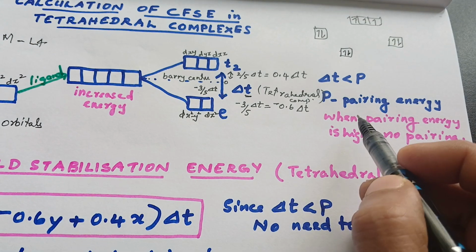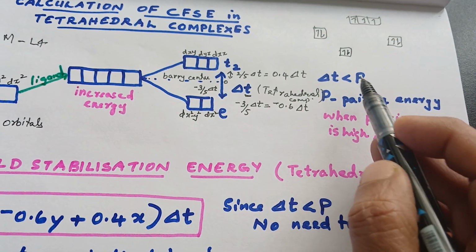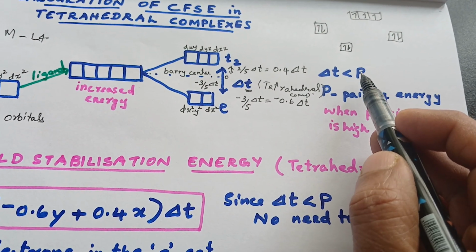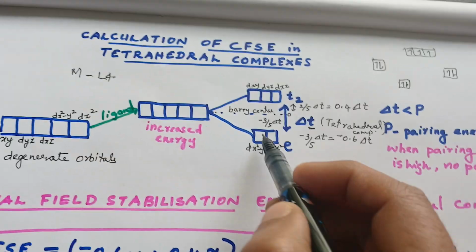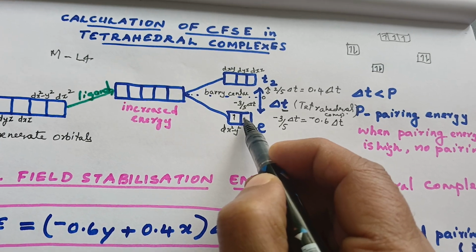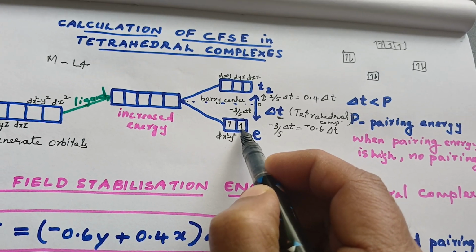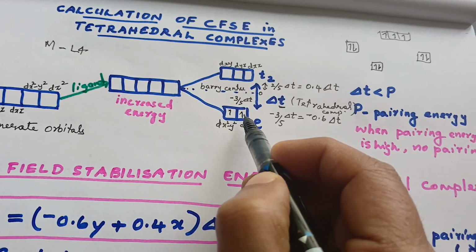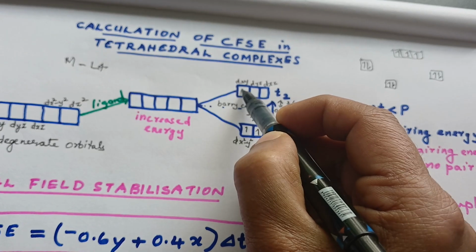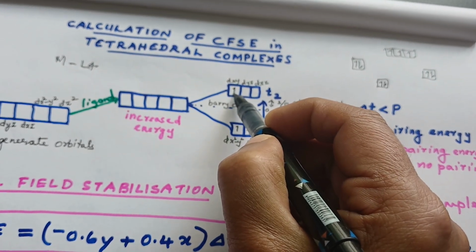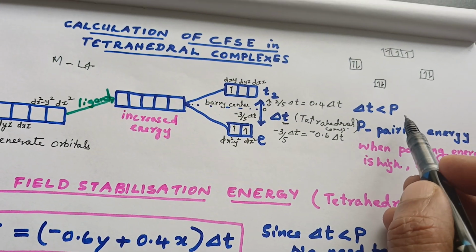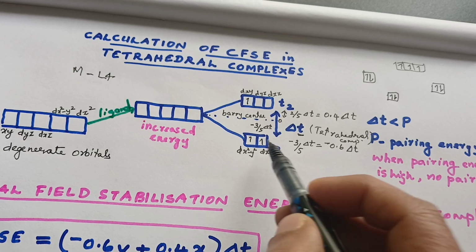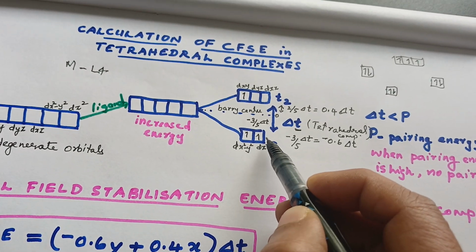In these tetrahedral complexes, that pairing energy is high. So if one electron is here, another one is here, instead of getting paired here, the third one will go up here because delta T is less than pairing energy. If pairing energy was less, they could have occupied this place only.